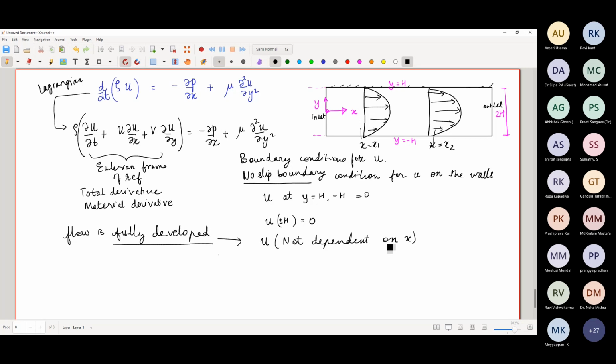What is the mathematical way of translating this fact? du by dx is equal to 0. Very good. It simply means the partial derivative of u with respect to x is equal to 0.